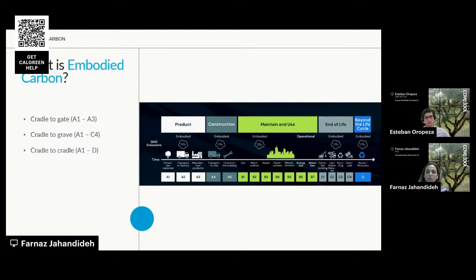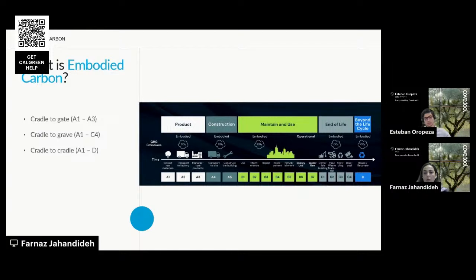Embodied carbon refers to greenhouse gas emissions arising from manufacturing, transportation, installation, maintenance, and disposal of building materials. We don't want to get this confused with operational carbon, which is related to greenhouse gas emissions due to building energy consumption after use. That's probably the carbon emission you are most used to hearing about.